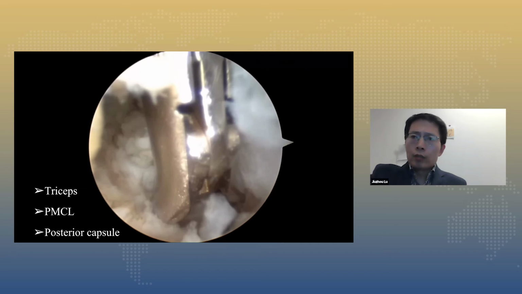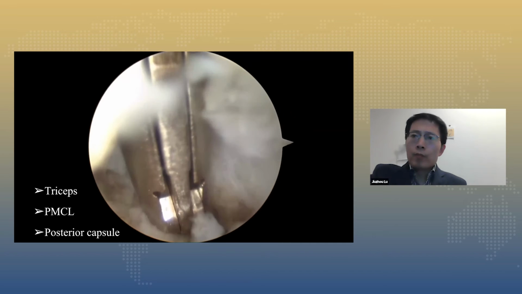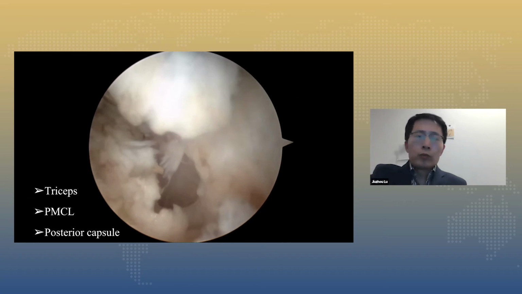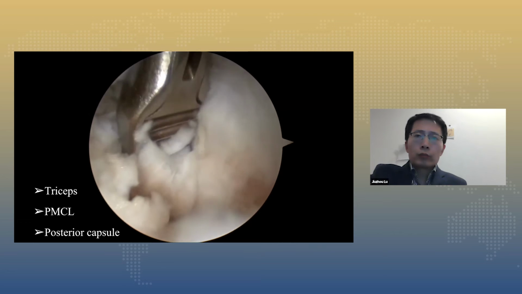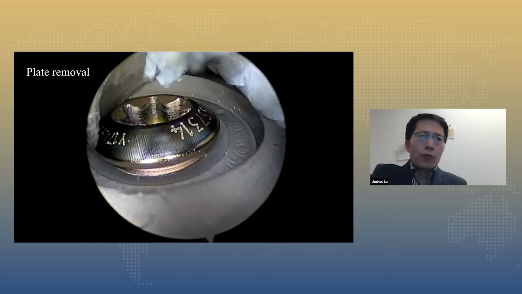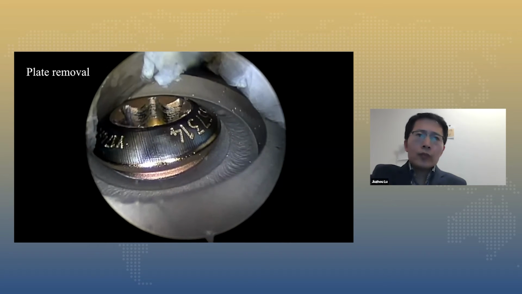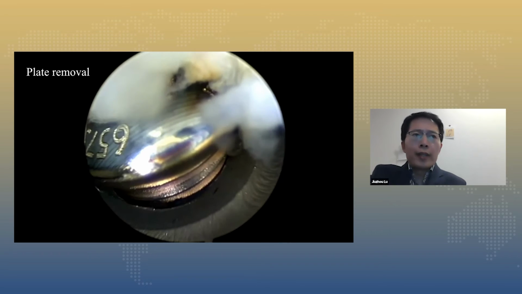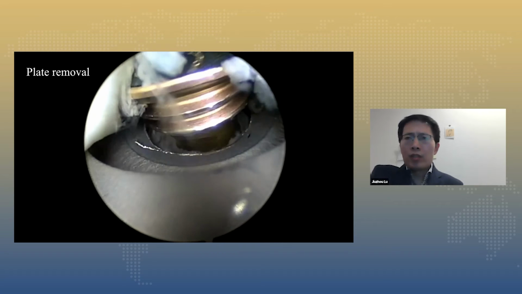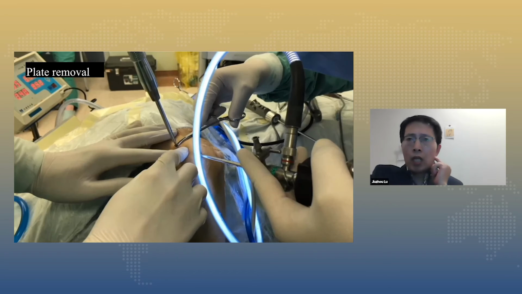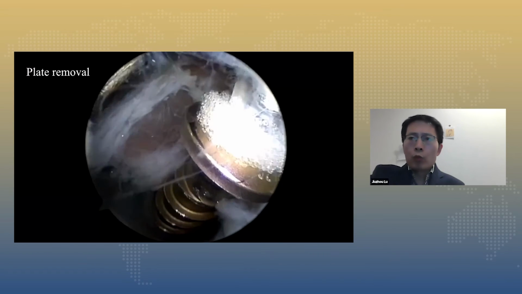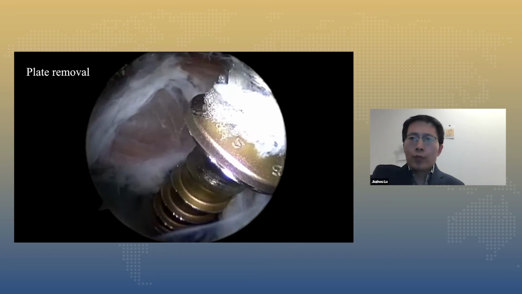We can see the posterior bundle of the MCL being resected. If there is persistent stiffness, the plate can be removed, especially the posterior lateral plate, because sometimes there is adhesion between this plate and the triceps.